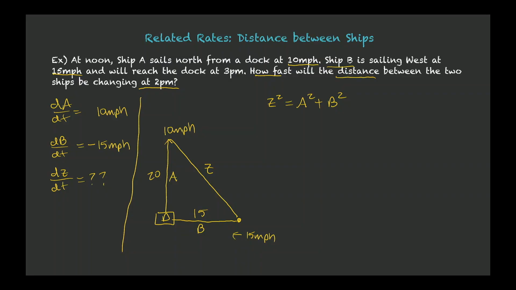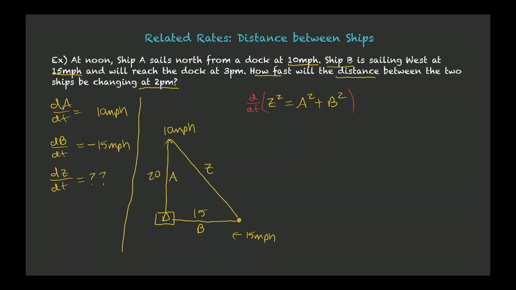Okay, now that I found the relationship between the variables that are changing in the problem, I'm going to take my third key step, and I'm going to take the derivative of this with respect to time. So d/dt of this entire equation. All right. Now remember, when you're taking this derivative, you have to remember to use implicit differentiation, or the chain rule, and tack on your dz/dt's, dA/dt's, dB/dt's. So in this case, it's just some power rules.